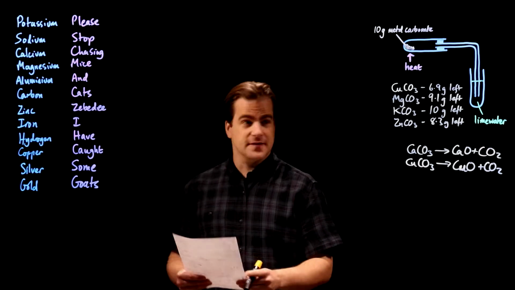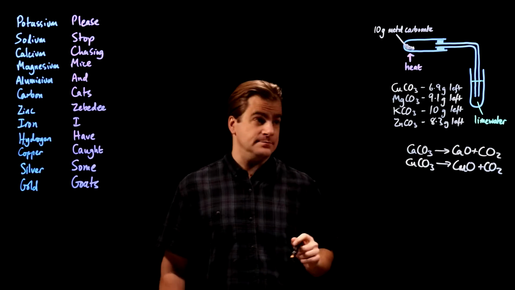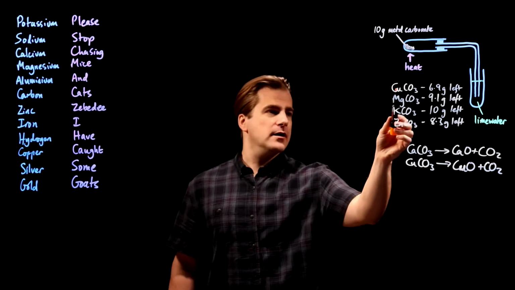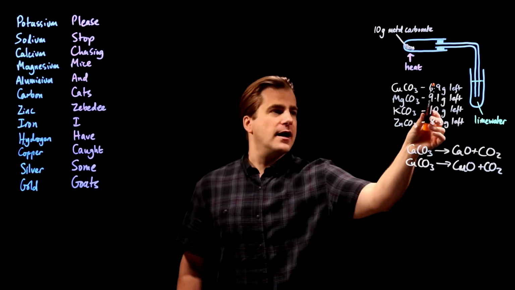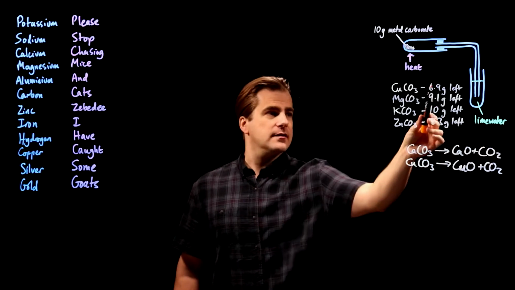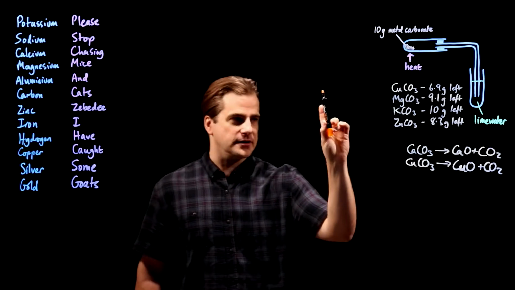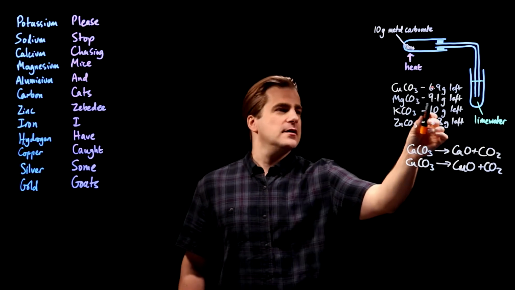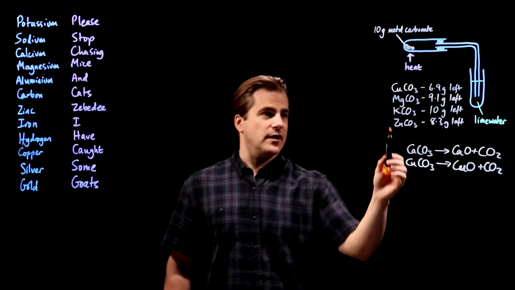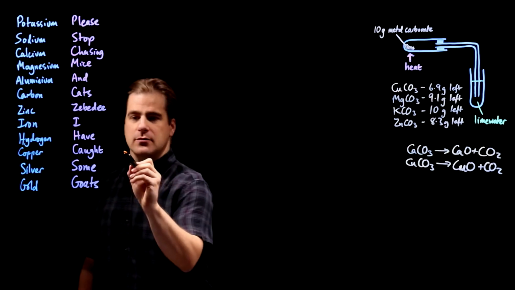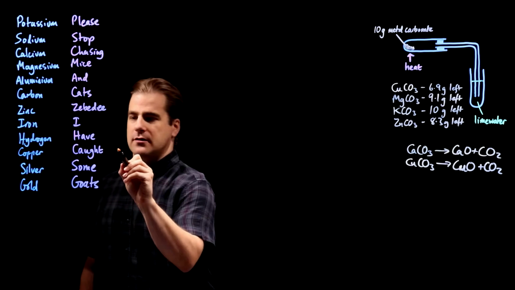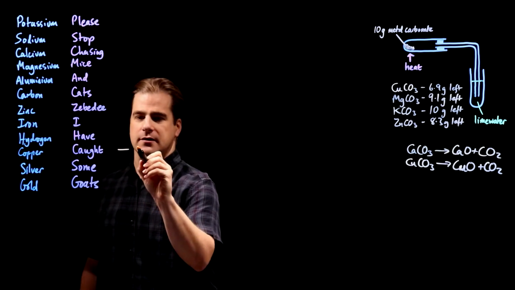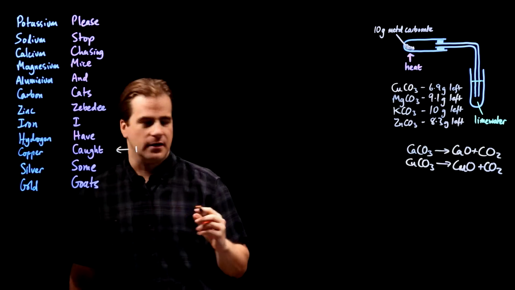Okay, so what have we got? Well, the copper carbonate had the lowest mass, I shall be accurate with my terminology, after being heated for 5 minutes. So the copper carbonate was there. I'll call that 1.